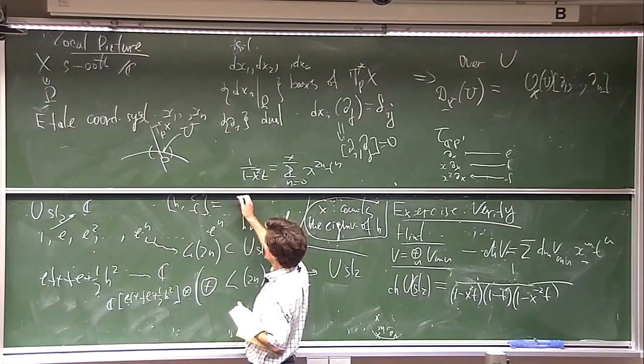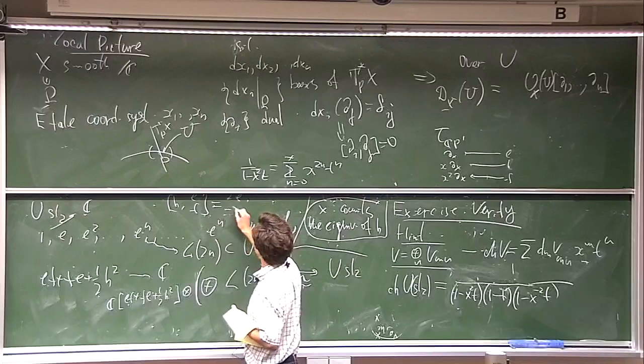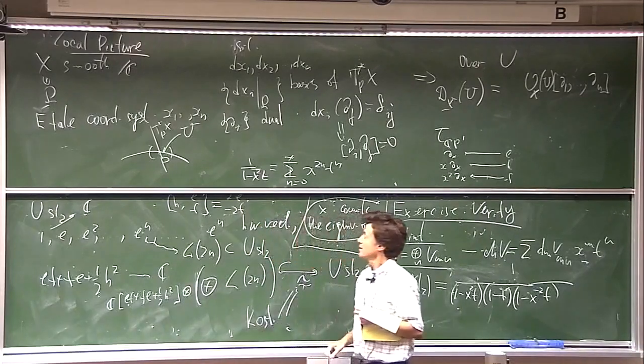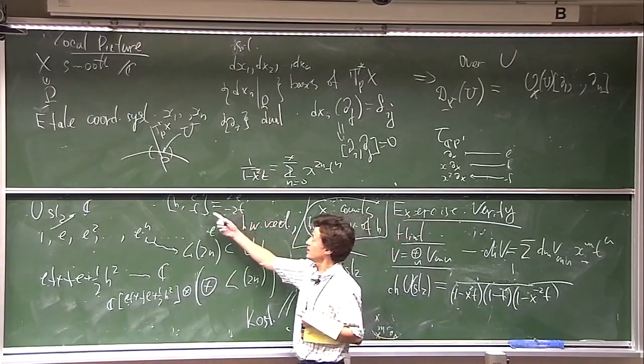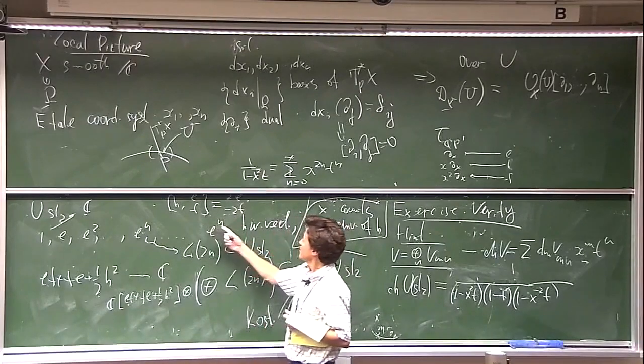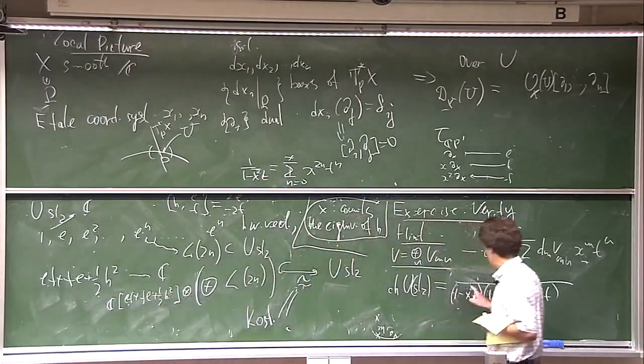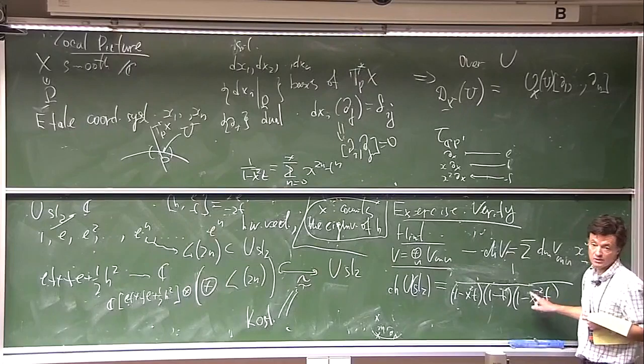Its bracket with E is 2 times E, with F is minus 2 times F. And that's the grading I'm talking about. So H assigns to E 2 and to F minus 2. That's my 2 and minus 2 here.